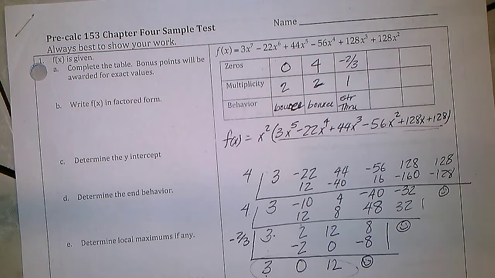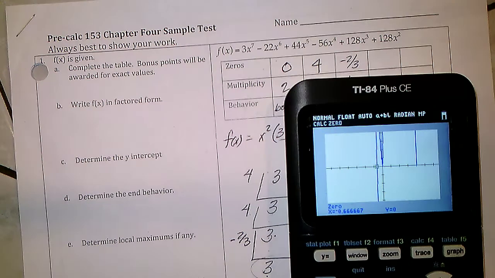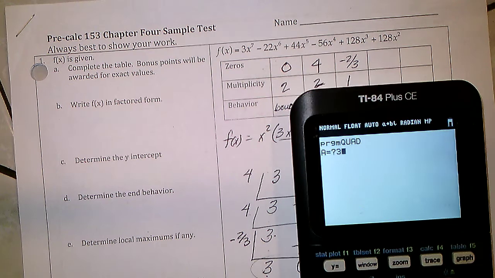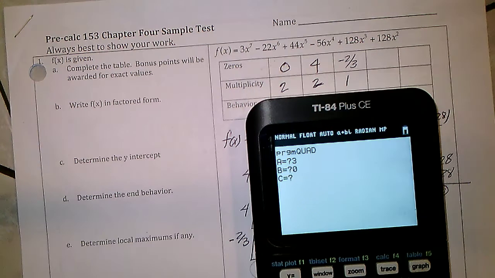And what do I have left? Well, this is a quadratic, and I could plug it into the quadratic formula, program quad, and my A is 3, and my B is 0, and my C is 12.